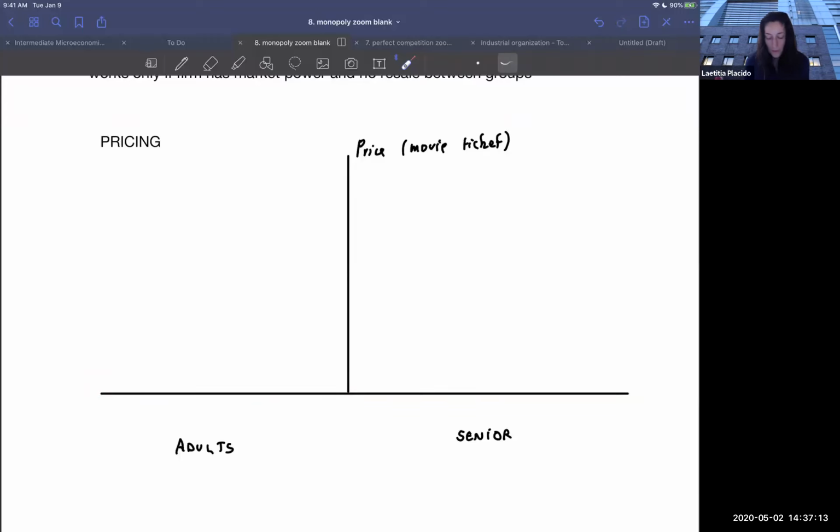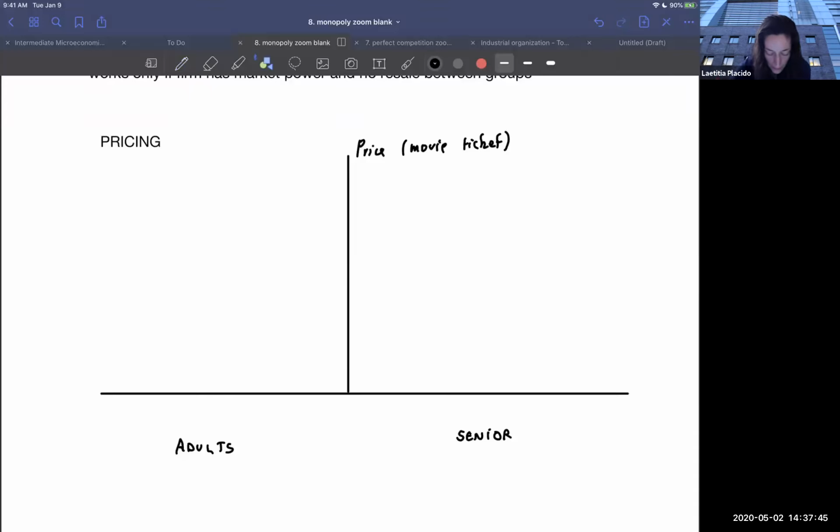So we are going to assume that our two populations of adults and seniors are different. Okay, if they are not different, there's no incentive to engage in price discrimination. Okay, so we are going to assume that seniors are less willing to pay for a movie ticket than adults. Okay, so I'm gonna draw a demand curve and a marginal revenue curve that is going to reflect that.